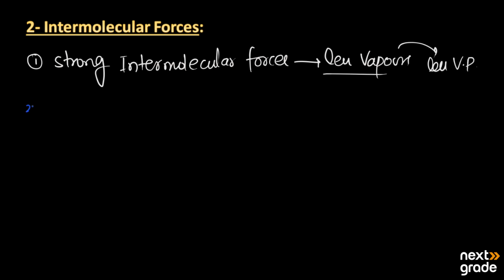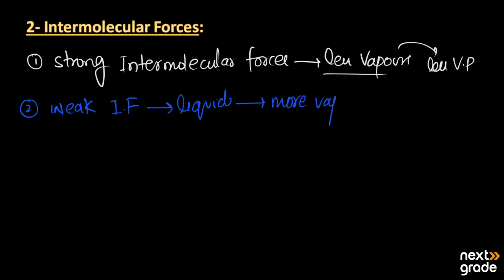The second thing: if there are weak intermolecular forces between the liquid molecules, then there is the formation of more vapors and the vapor pressure will be high. So this is a simple effect of intermolecular forces.